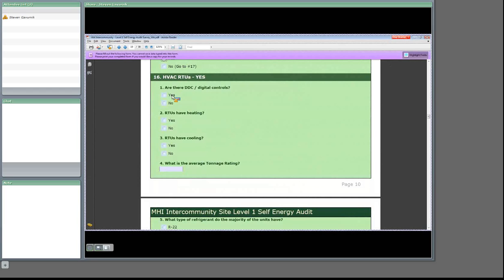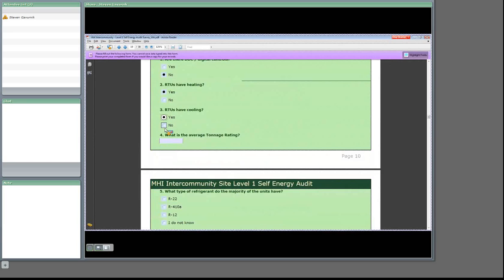Section 16 is, do you have direct digital controls with those? You'd indicate yes or no. Other than the set point, like earlier, we don't want just a specific set point control system. We're trying to understand whether or not this system is controlled by an automation system of some type, direct digital control. Does the unit have heating?